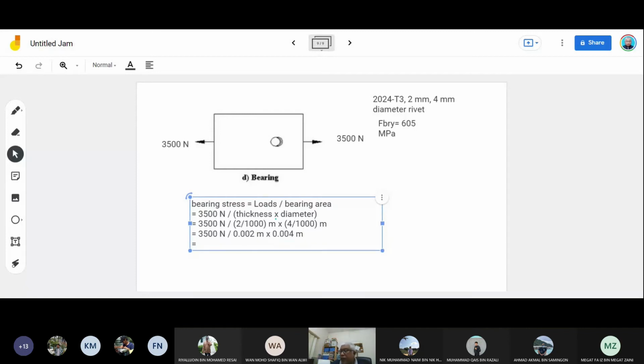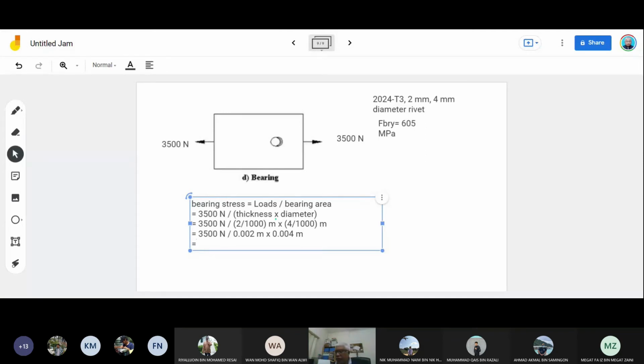It is 3,500 divided by 0.002 times 0.004.